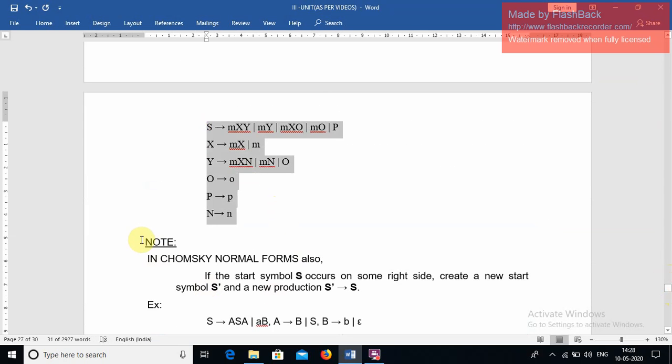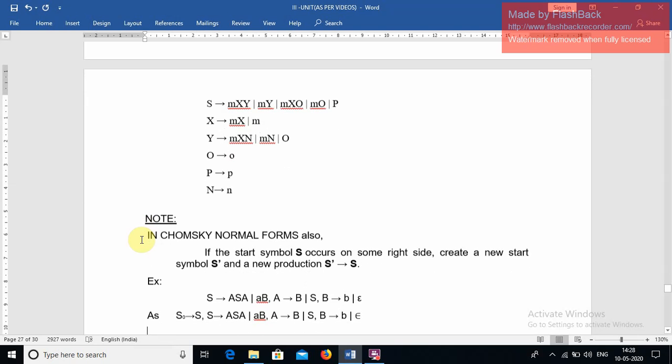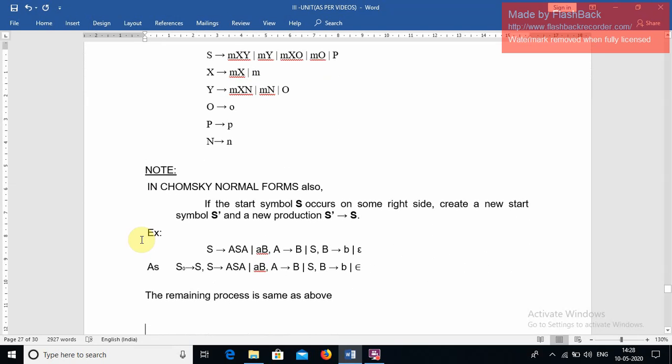And here we have a note. In Chomsky normal form also we didn't discuss the starting symbol. In Chomsky normal form also, if the starting symbol S appears on the right hand side, then you should make it one of the non-terminals, and you have to make a new starting symbol like this. So this is the grammar given, okay, for Chomsky normal form.